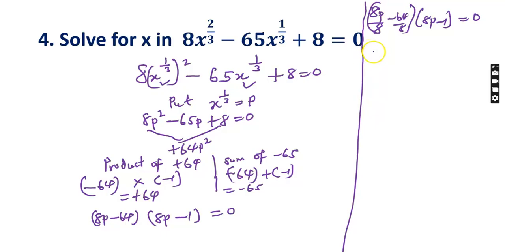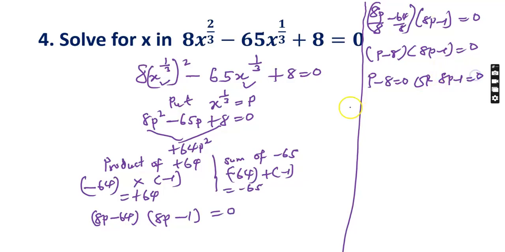So this will give me p minus 8, bracket 8p minus 1 is 0. That now gives me p minus 8 equals 0, or 8p minus 1 equals 0.